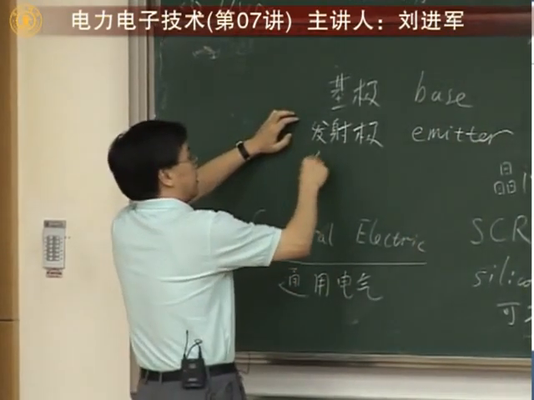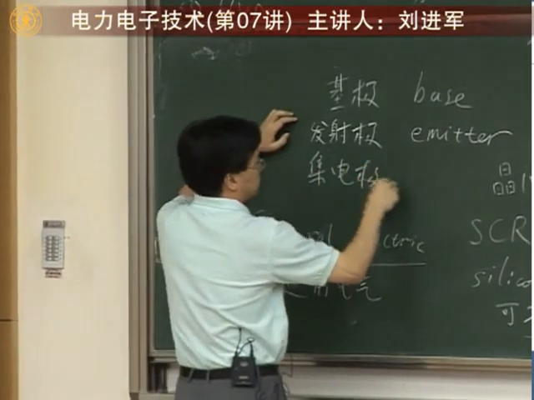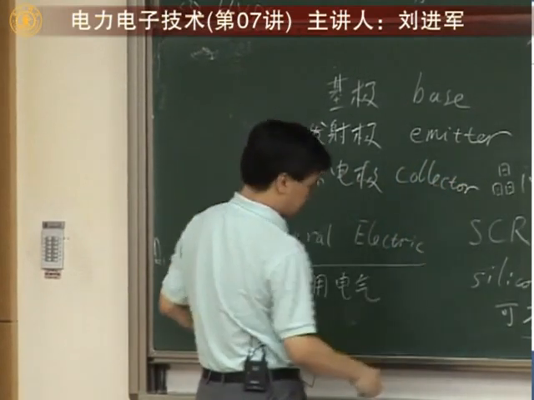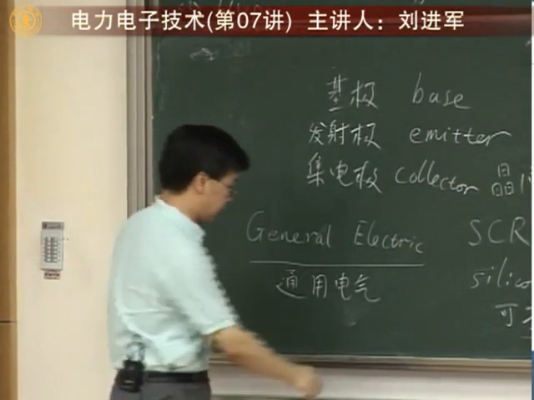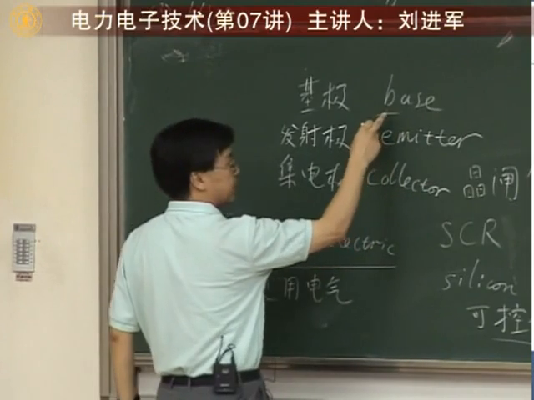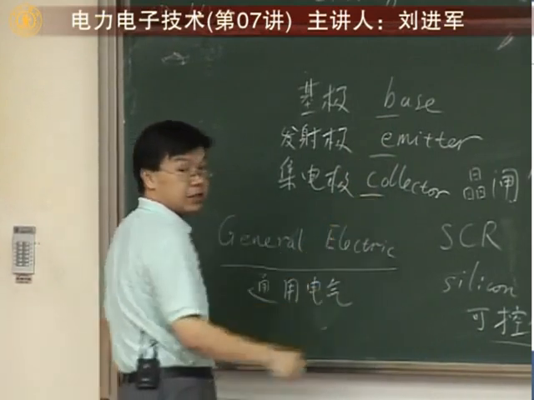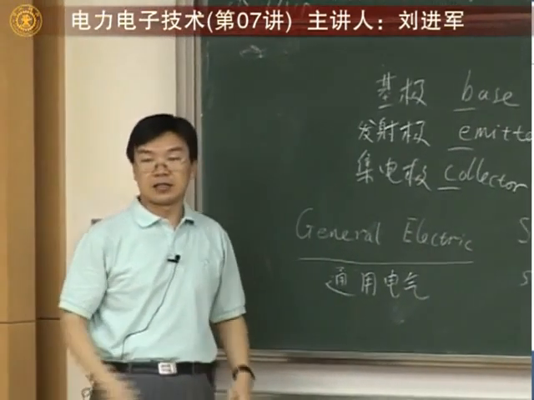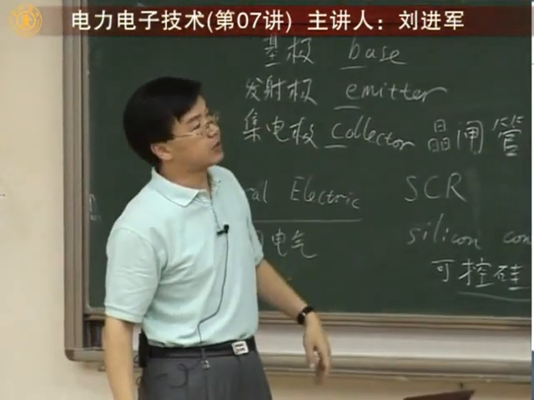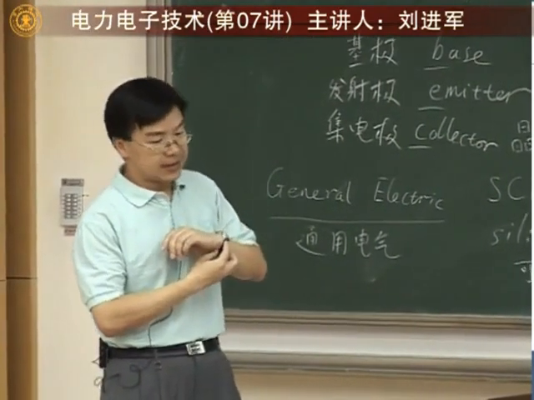Then the third terminal, collector. And that's usually the reason why we use this character B to represent base, E to represent emitter, and C to represent collector. Those are the three terminals for a transistor.